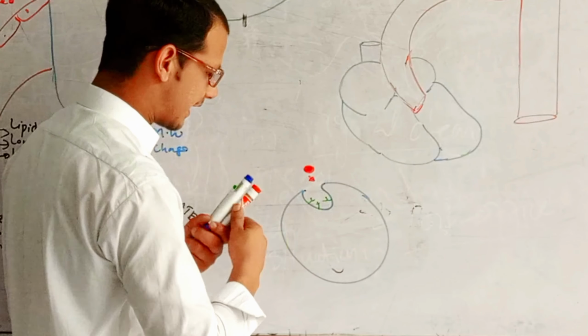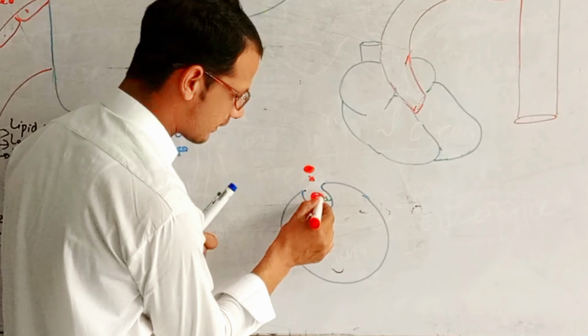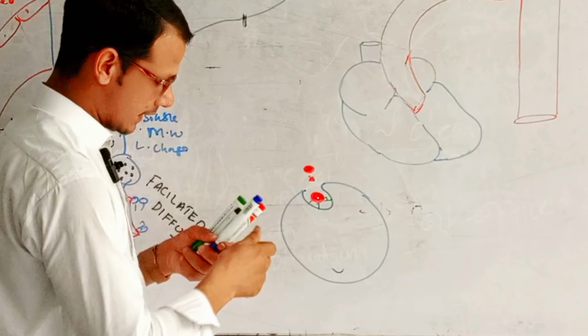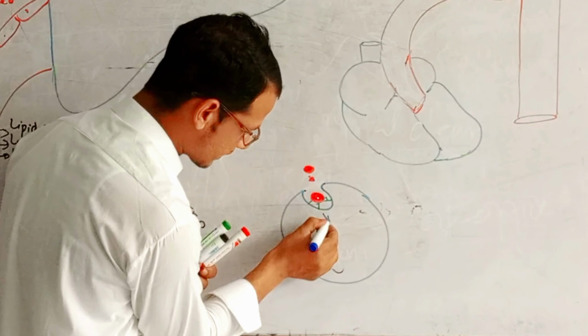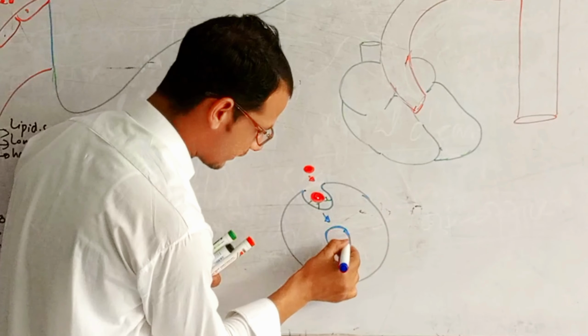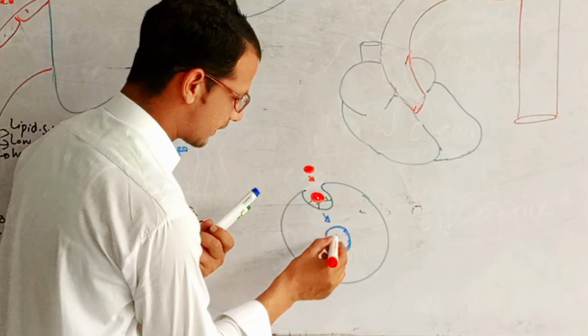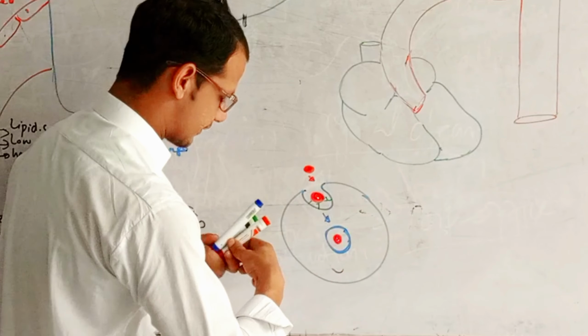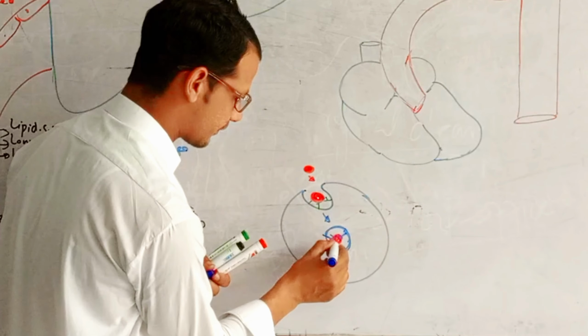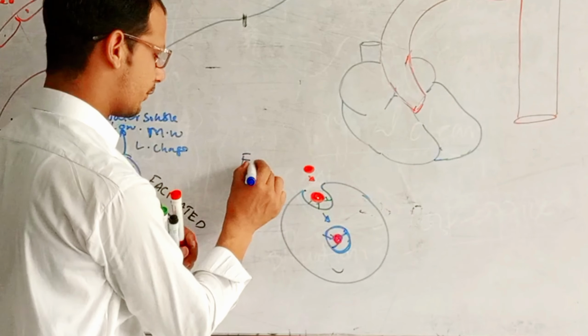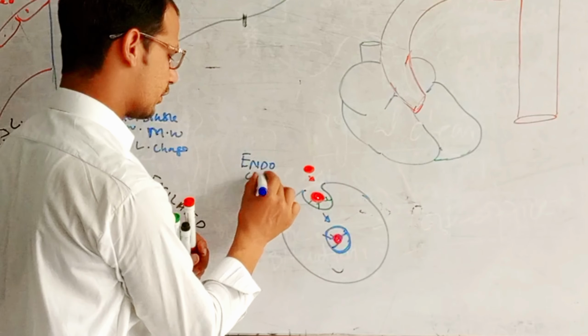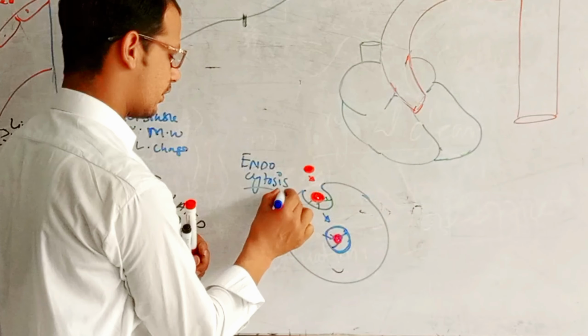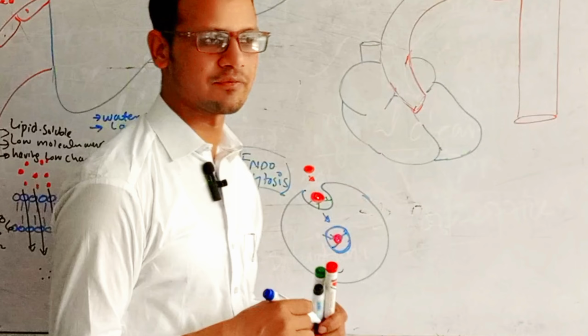These receptors will bind to this drug, and at last this vesicle will separate from the cell membrane and the drug goes into the cell. This is called endocytosis.